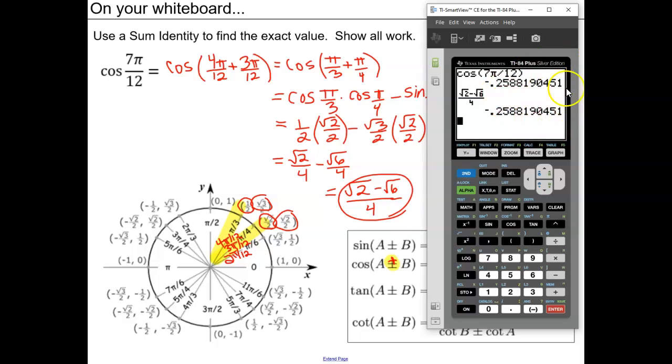So when we compare the decimals, they're equivalent, which tells us that we did in fact find the exact value.